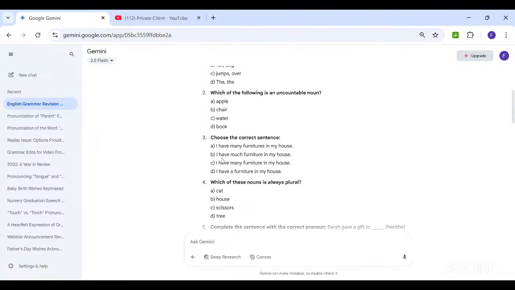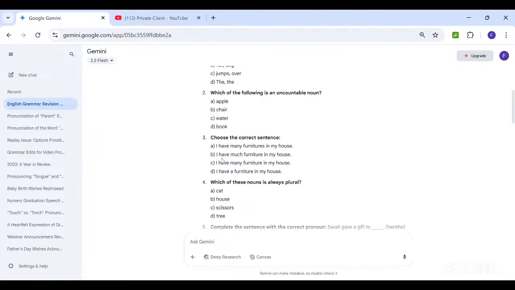The word furniture is uncountable. Many is used for countable things that you can count.